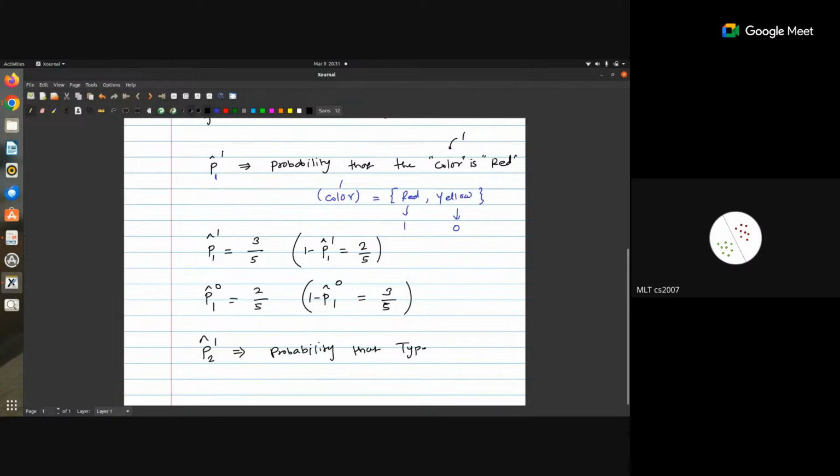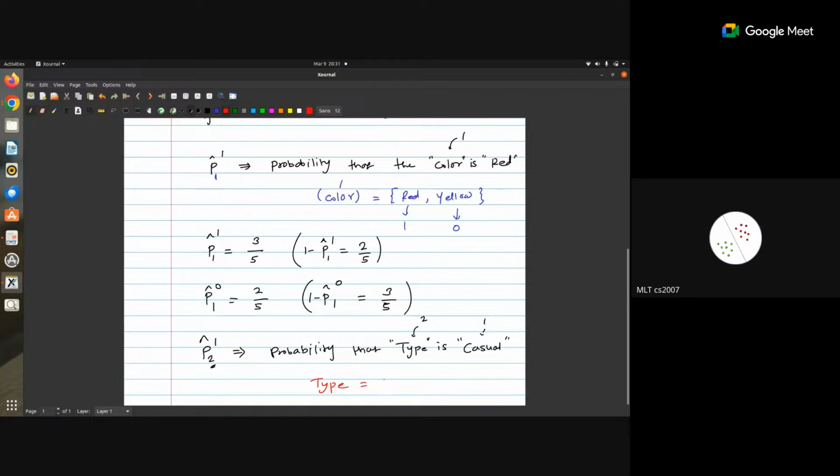Type is casual. So here this type is the second feature. So this is the 2 which is mentioned here, and casual is, let's say, 1. So I'll write it again here, let's say type is the variable.